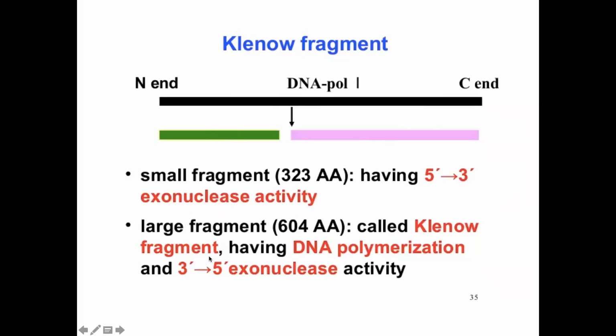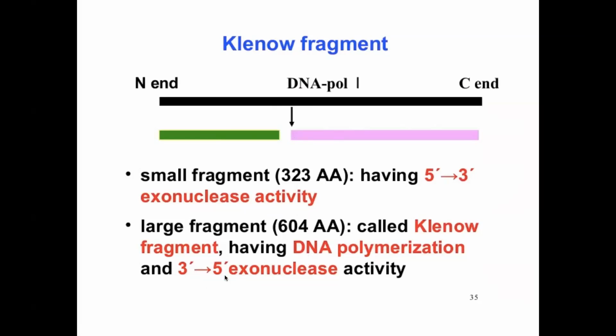If you've ever worked with the Klenow fragment as a form of DNA polymerase, if you've done some laboratory research as part of your undergraduate career here, that Klenow fragment has two catalytic domains within it, one of which is a subsection of amino acids that have the ability to catalyze DNA polymerization in the 5' to 3' direction, and another domain that has the proofreading activity, 3' to 5' exonuclease activity.